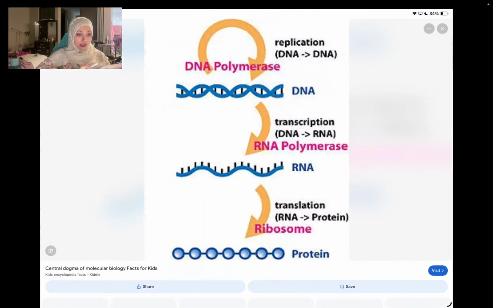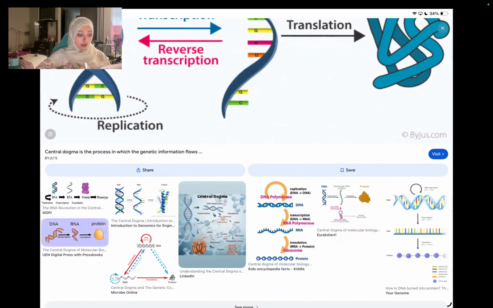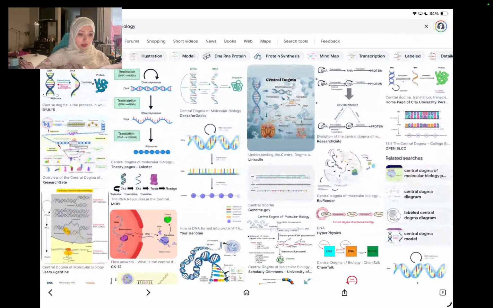And here, as we've discussed, the difference between DNA polymerase and RNA polymerase. DNA polymerase is basically responsible for replication. RNA polymerase is responsible for transcription.